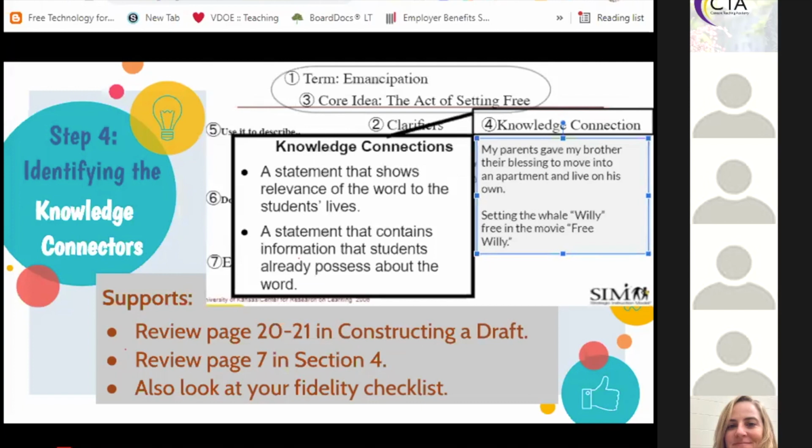Like in this example, my parents gave their blessing to move into an apartment on their own. That's a child's example of being set free. Or you can see this is a little dated, but the movie Free Willy, where they free the orca at the end. It could be Dolphin Tale now or something else.